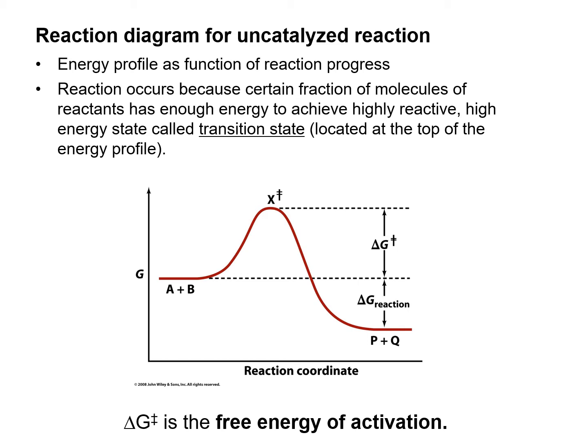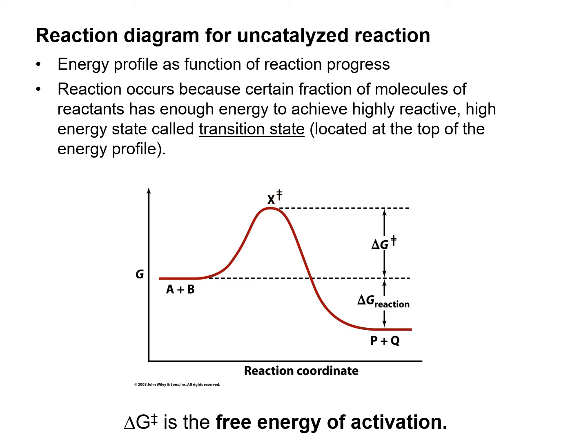So in order for these reactants to become the products, it actually has to go up to this transition state, where it requires a lot of energy input. Then naturally it'll go down to the product, where there's a low energy state. But this reaction still occurs because a certain fraction of the molecules of the reactants, A and B, has large enough energy to achieve this transition state.